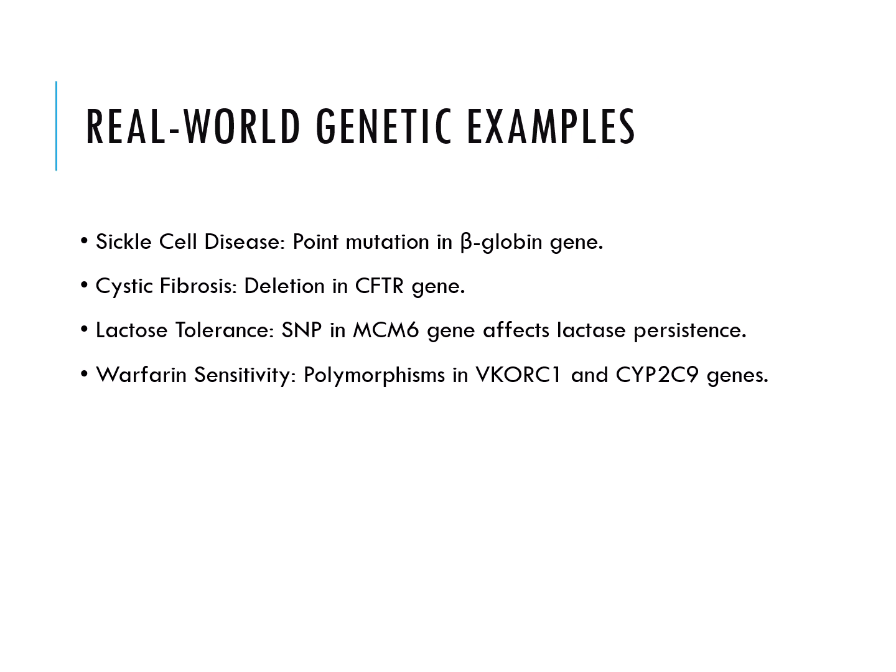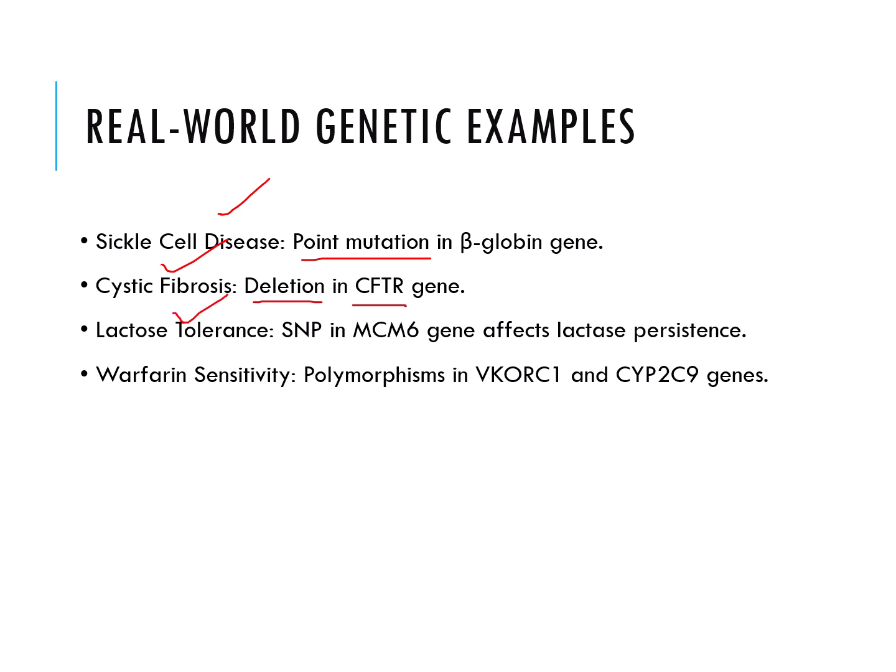In this slide we are seeing some more examples. Sickle cell disease is a point mutation in the globin gene. Cystic fibrosis is a disease caused by a deletion in the CFTR gene.